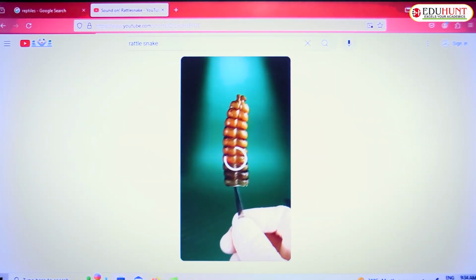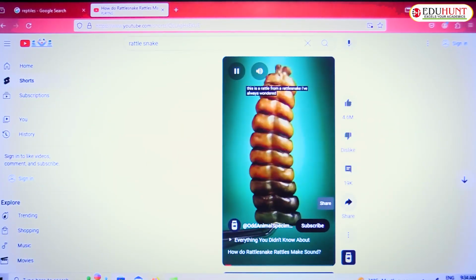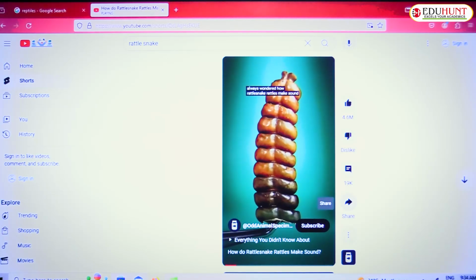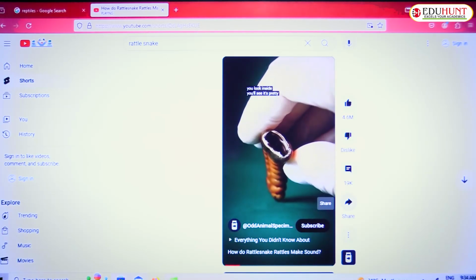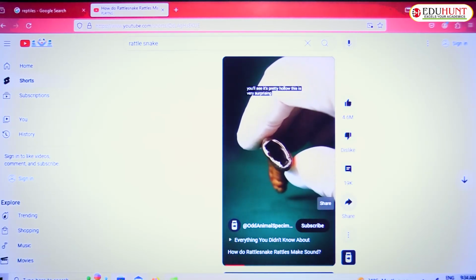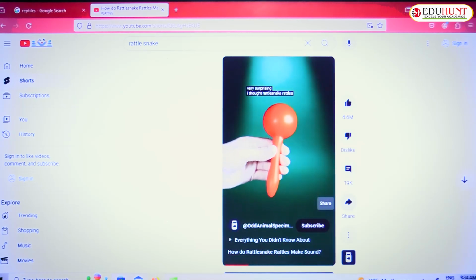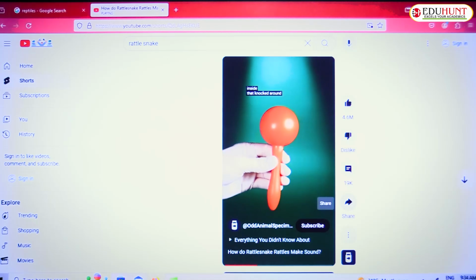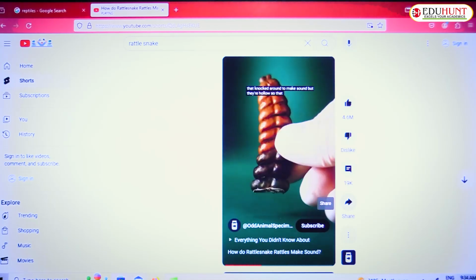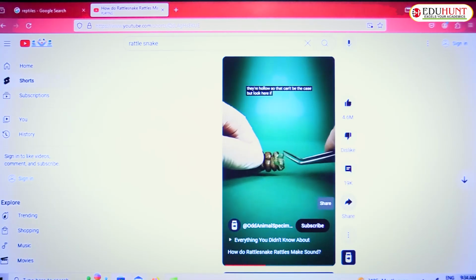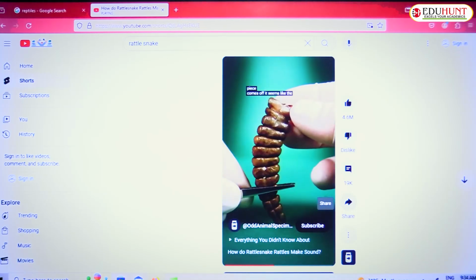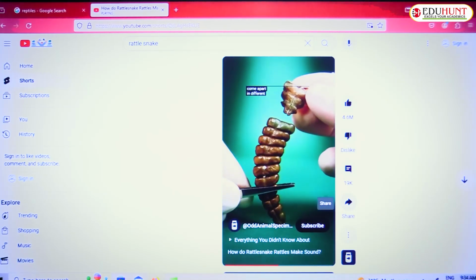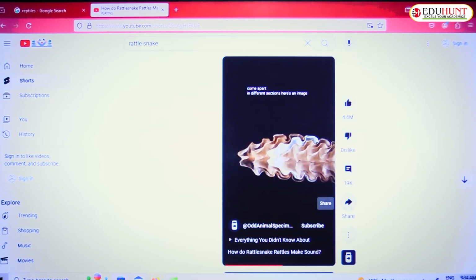This is a rattle from a rattlesnake. I've always wondered how rattlesnake rattles make sound. Well, if you look inside, you'll see it's pretty hollow. This is very surprising. I thought rattlesnake rattles worked like maracas, and they had little bits inside that knocked around to make sound. But they're hollow, so that can't be the case. But look here, if I pull on the rattle, a piece comes off. It seems like the rattle can come apart in different sections. Here's an image that can help us see how the sections fit together.